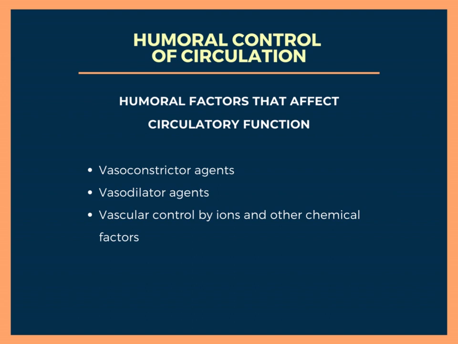Many different ions and other chemical factors can dilate or constrict local blood vessels. An example is an increase in intracellular calcium ion concentration, which causes vasoconstriction due to the general effect of calcium to stimulate contraction of smooth muscles.